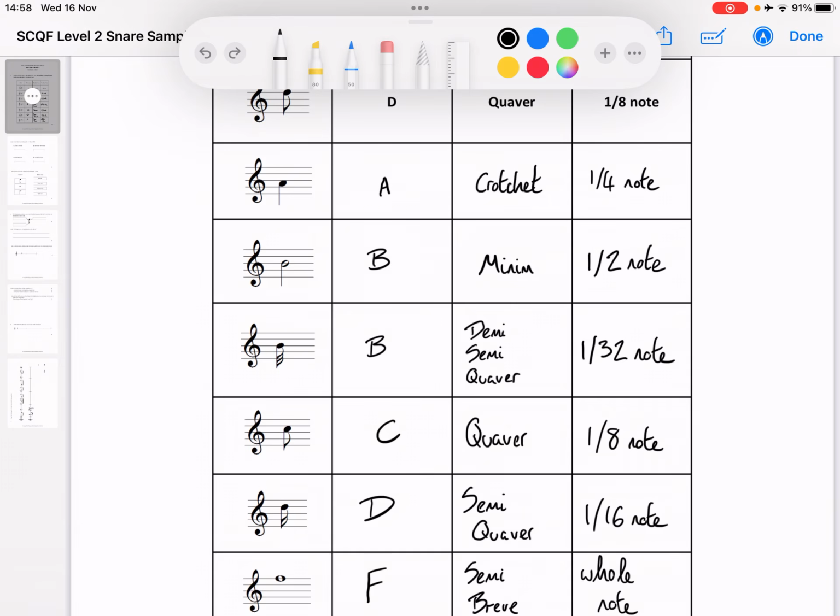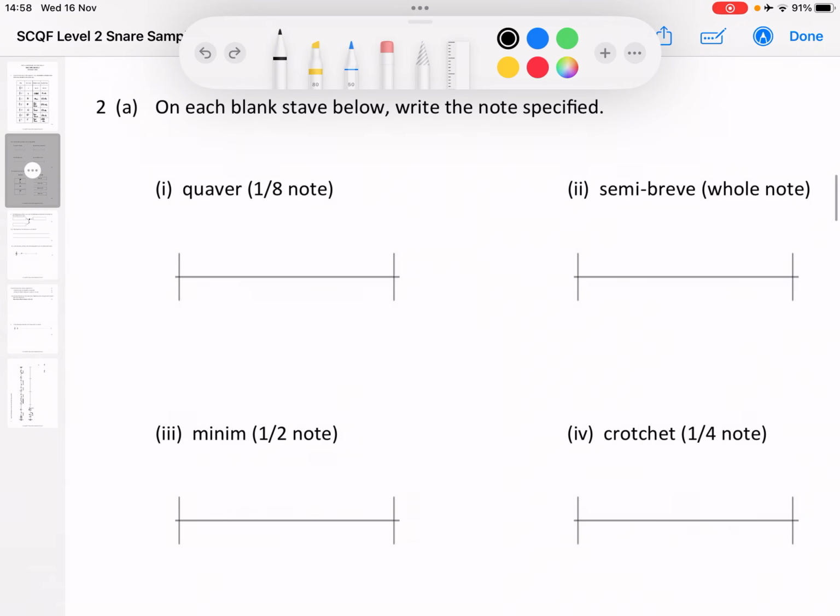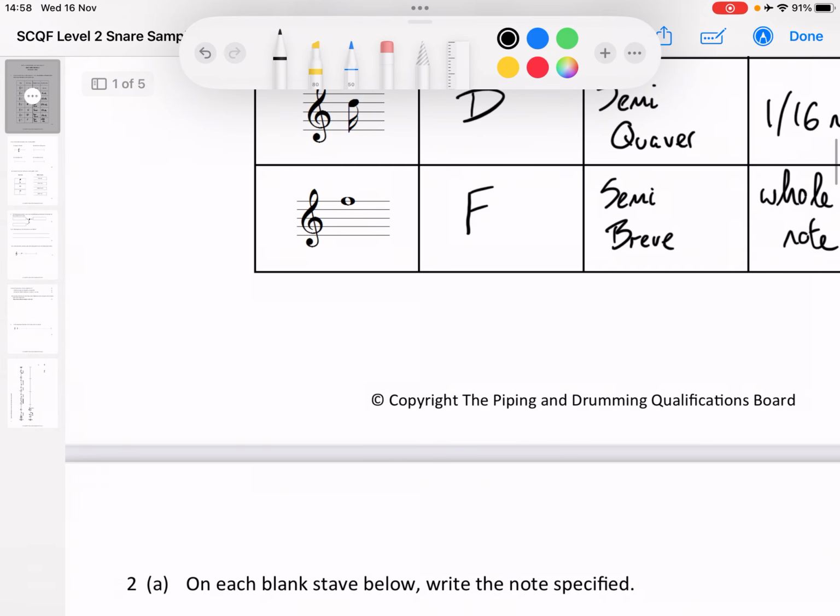All right. There's a quaver there. So I'm just going to draw that on here. And you won't see me do this, all right, but I've got my ruler underneath the note, and I'm going to draw straight down and do my flick. Oh, although that didn't work, there it is. Semi-breve. I've got a semi-breve right there.